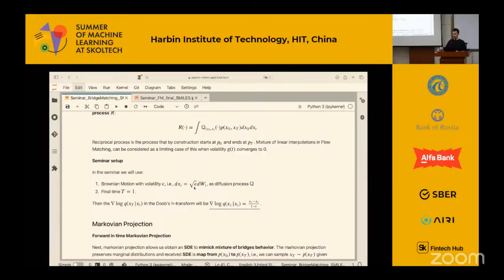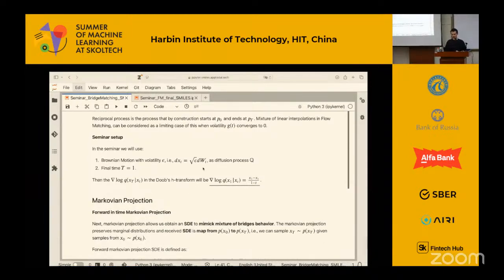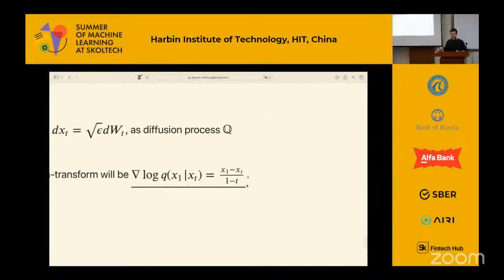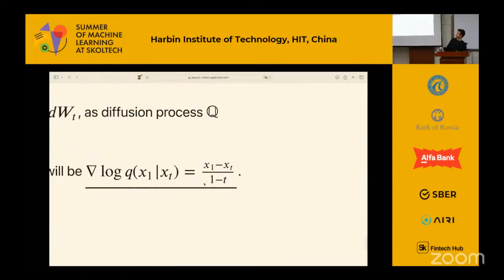The final time would be equal to 1 because it's simpler. And so this score function, with this scary gradient of the logarithm of distribution, would be of a relatively simple form: you see, just x1 minus xt over 1 minus t.